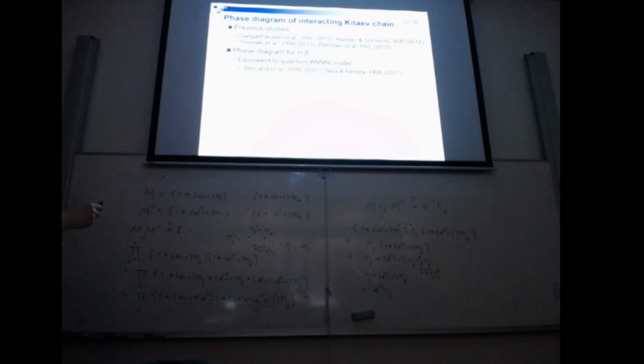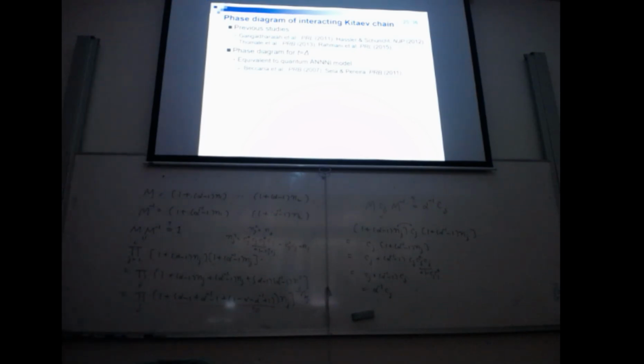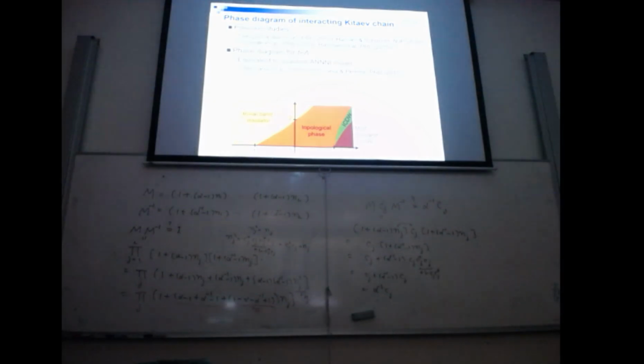In this case, the model is equivalent to the quantum version of the ANNNI model. I mean, this is like a quantum Ising chain with next nearest neighbor interaction. And here's a schematic phase diagram for this case. Here the horizontal axis is u over t and the vertical axis is mu over t.